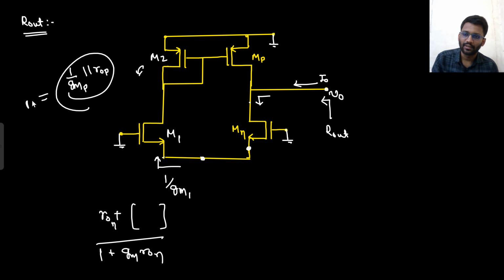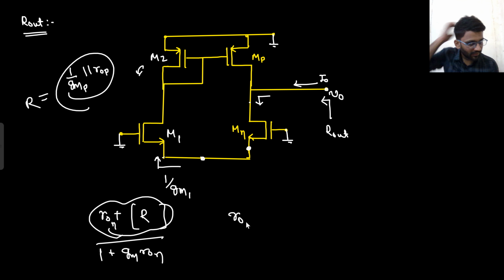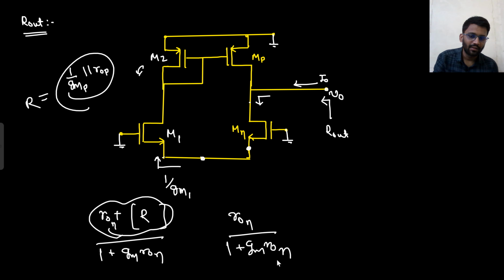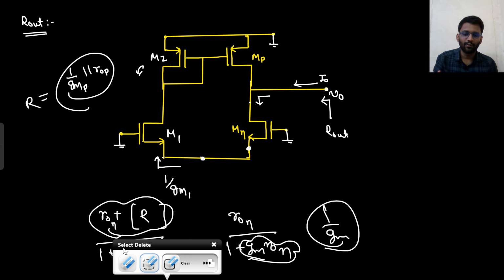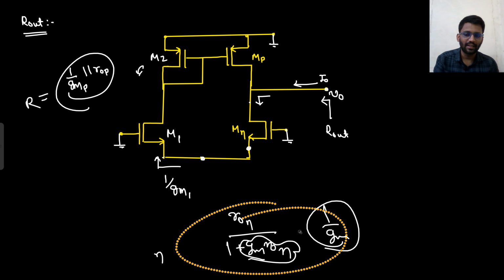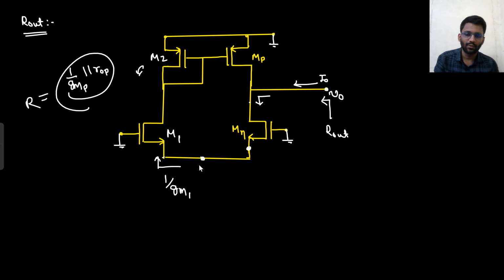Whatever resistance I called R, that will be your final. But what we are doing, we are considering this to be very, very large, so that would be somewhat near to r naught n upon gm r naught n. And this is also very large, so basically your final output impedance would be 1 by gm. And if you don't want to do this analysis, you just need to tell that from Vx to ground, what do you see? From source to gate, what do you see? 1 by gmn. That's it. So your impedance is 1 by gmn.